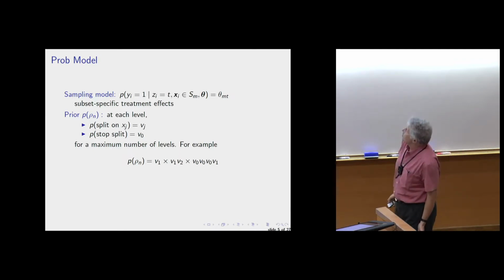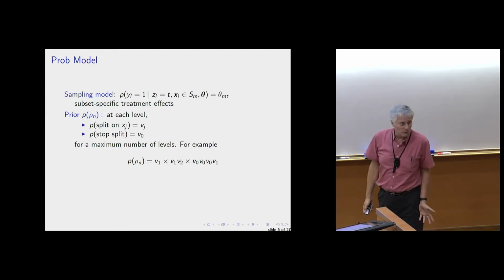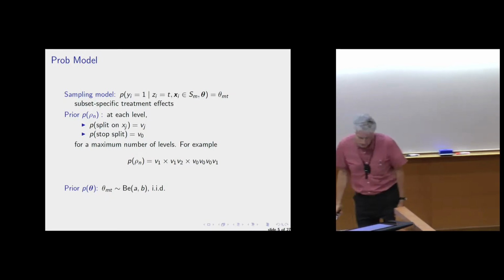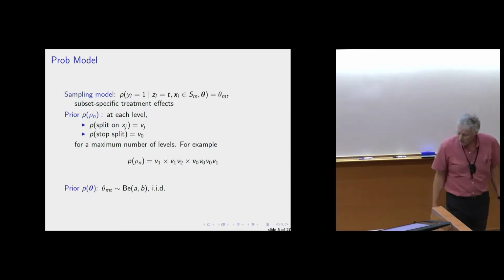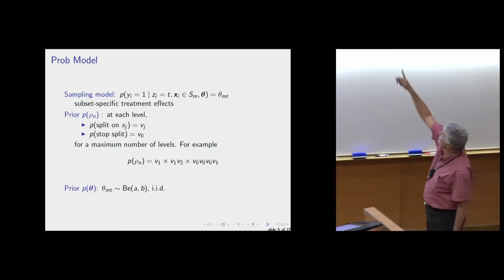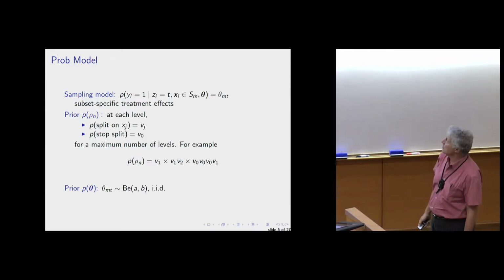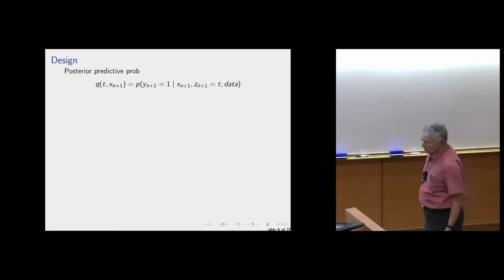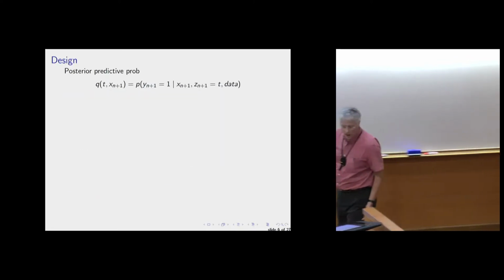So products of these probabilities determine the probabilities for the partitions, because it's essentially putting probabilities on a generative model to create these partitions. And we complete the model with independent priors on the subset and treatment-specific success probabilities. Now we have a full probability model. We have a process. So I think we are almost done.